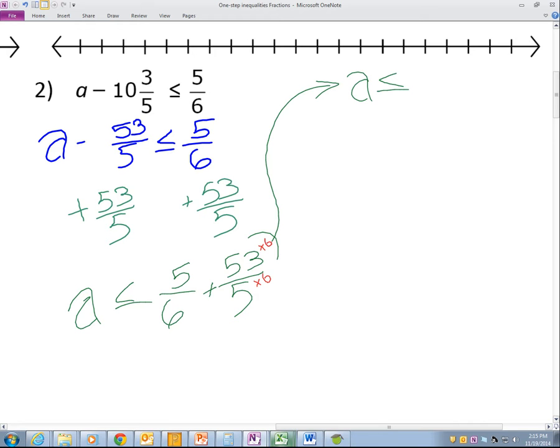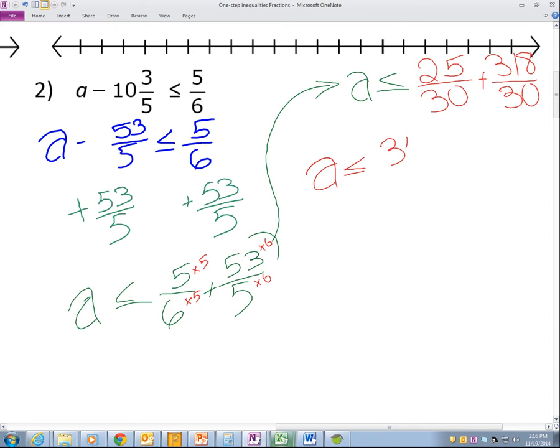Multiply the numerator and denominator by 6 and the other by 5. So now we have 25 thirtieths plus 318 thirtieths. Now we have a common denominator, so I can put those two together.